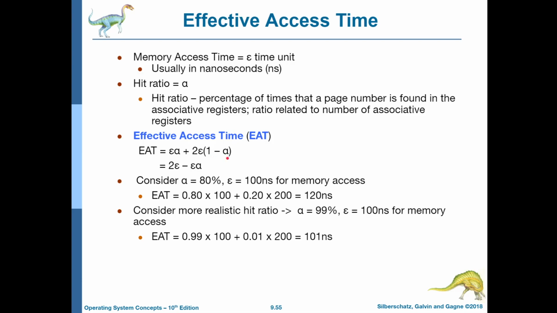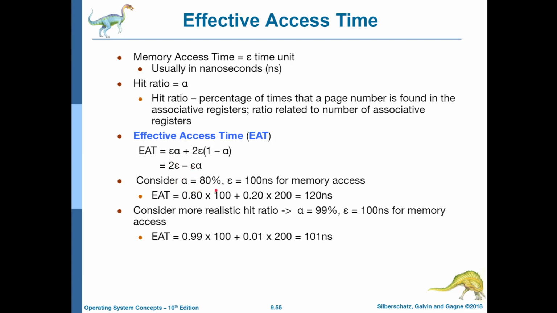If we have a miss, there are 2 memory accesses. If we do a little bit of algebra, we find that the calculation for this is going to be 2 times the memory access minus the memory access times the hit ratio. So clearly, we want this ratio to increase because that will decrease our overall effective access time.